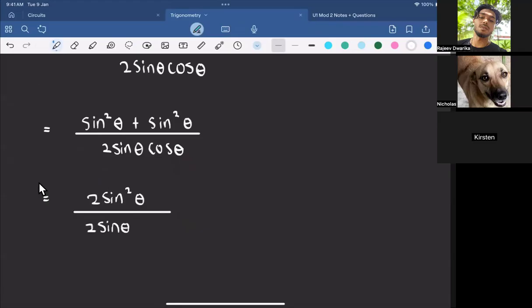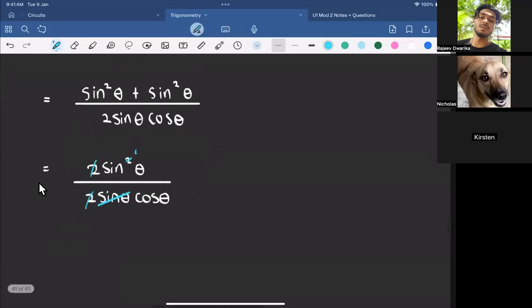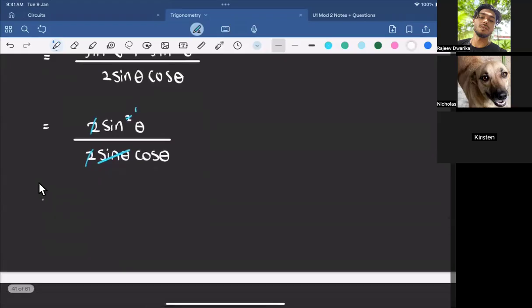The 2 sine squared theta will cancel. The two on the two will cancel off, and one of the sine theta in the bottom will cancel off with one on top. So what we're going to end up with is sine theta over cos theta, which is equal to tan theta. Bam.